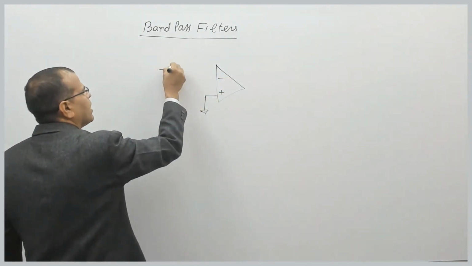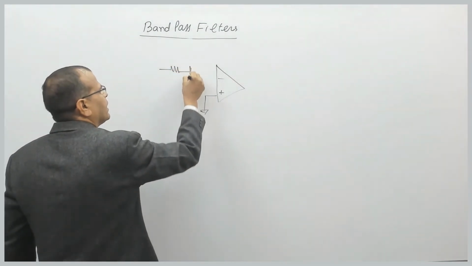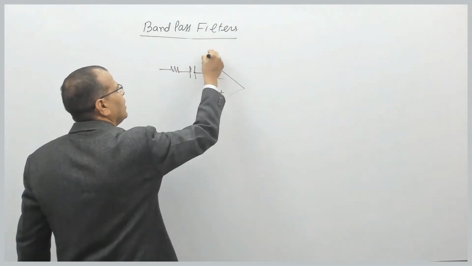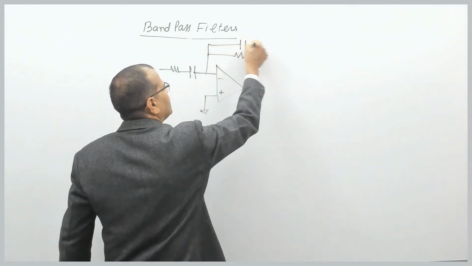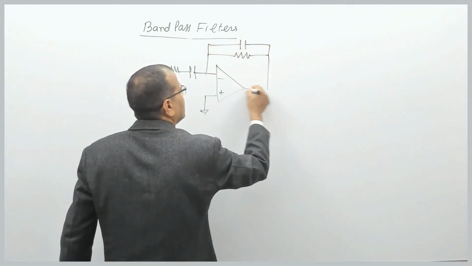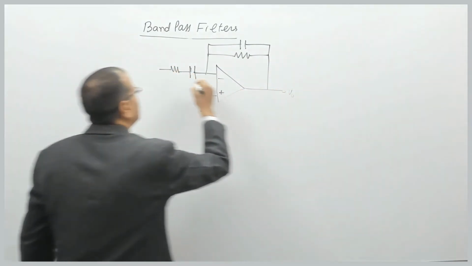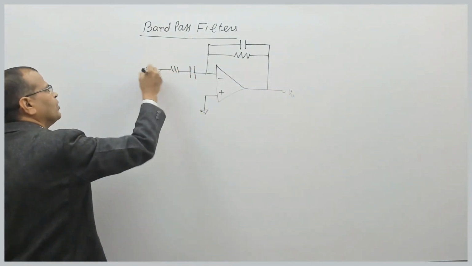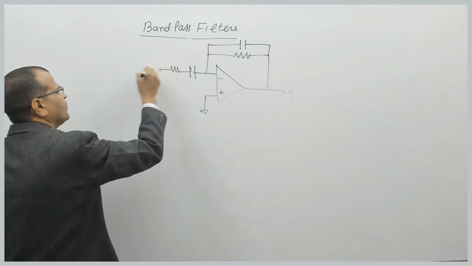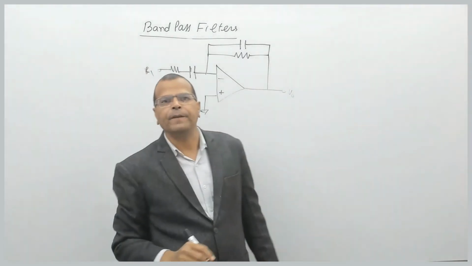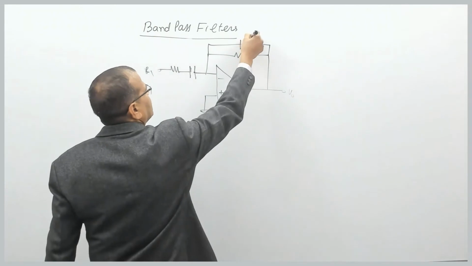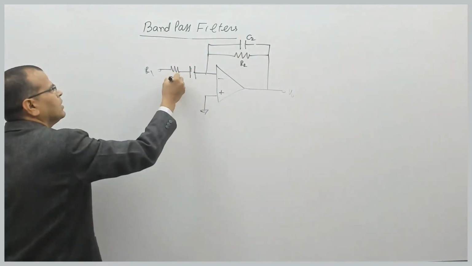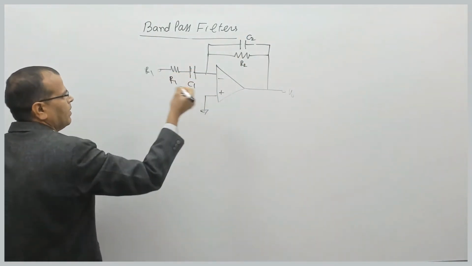We have R and C connected at the inverting terminal. We have R and C connected in the feedback part. This is the output, this is input, right? Like this. Fine. So now this is R2, this is C2, this is R1, this is C1.